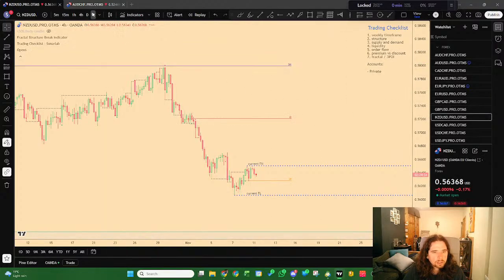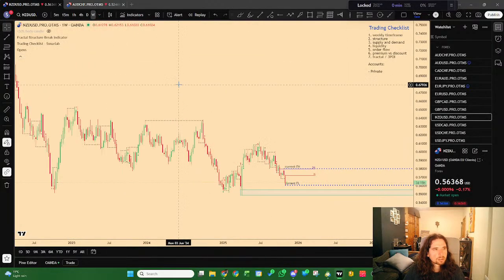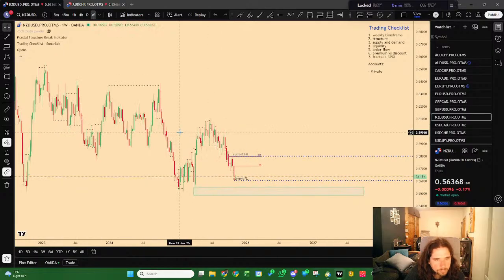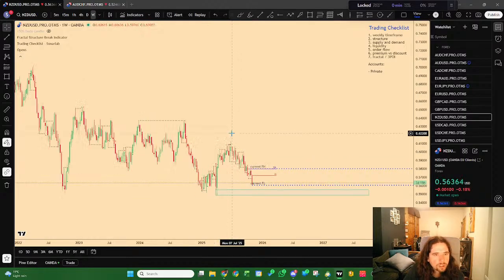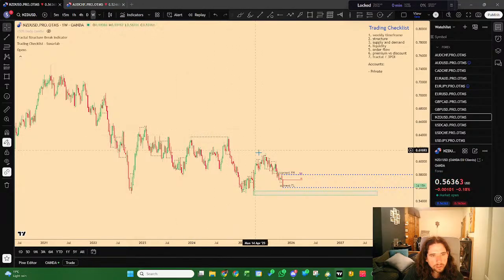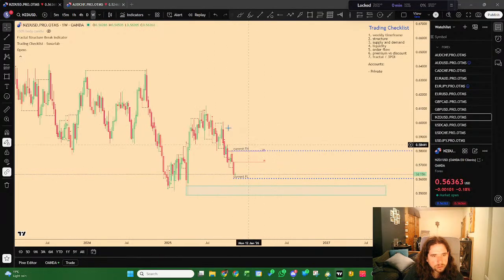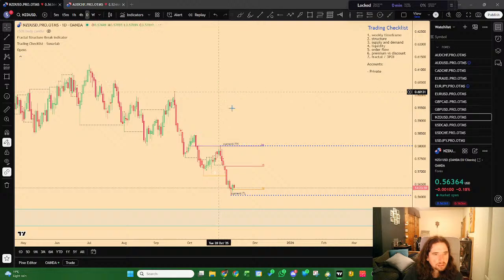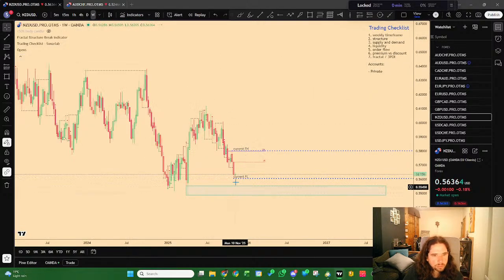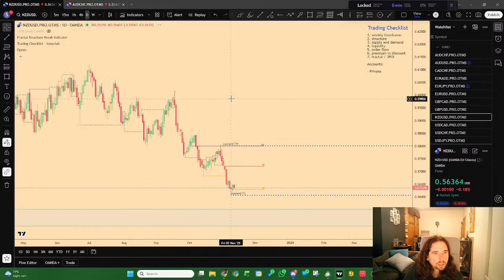NZD USD. Yeah, there's this area here. Yeah, so we're reacting, we're still going back down again. So we're actually going to break new lower lows.